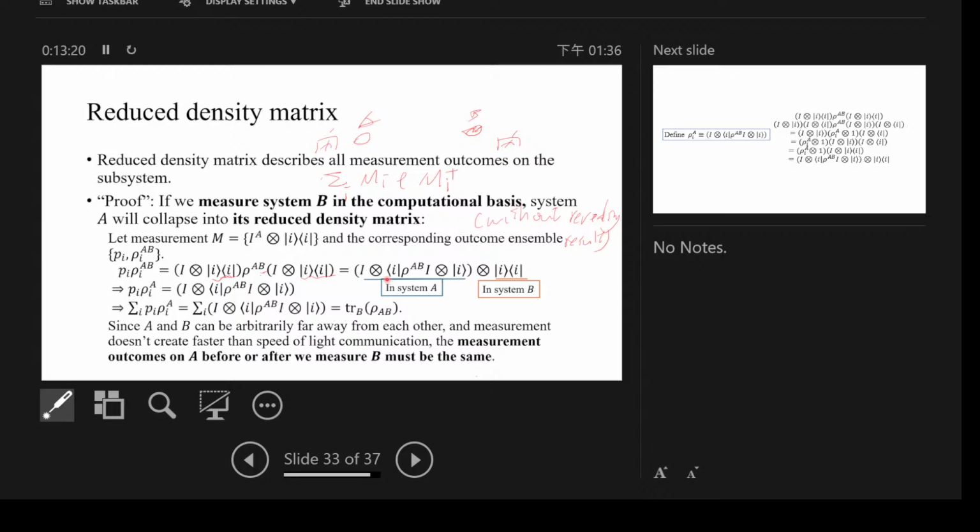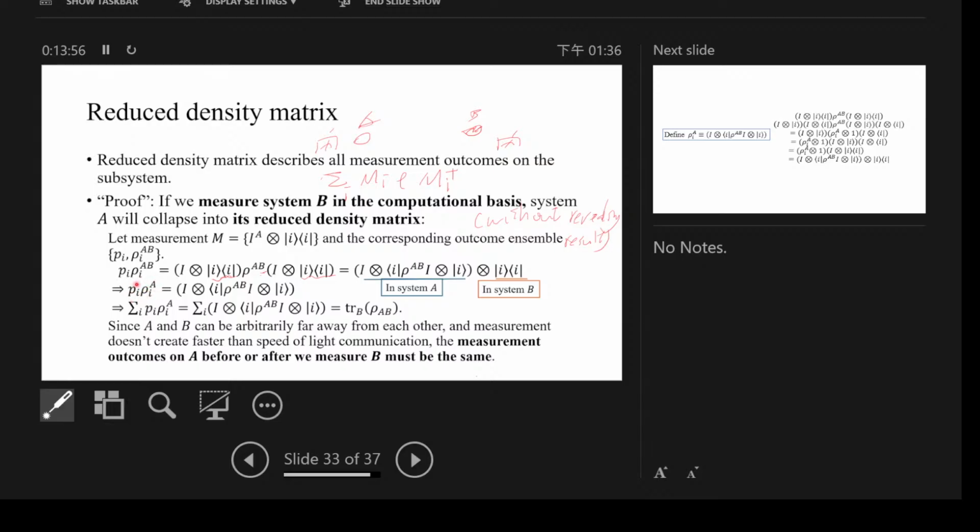Okay. And then we think, so we know that, if we discard the system B part, so system B only has the measurement outcome, and system A has this weird matrix, then we see that the total matrix, so we know the measurement outcome has probability p_i. Sorry, this is quite complicated.